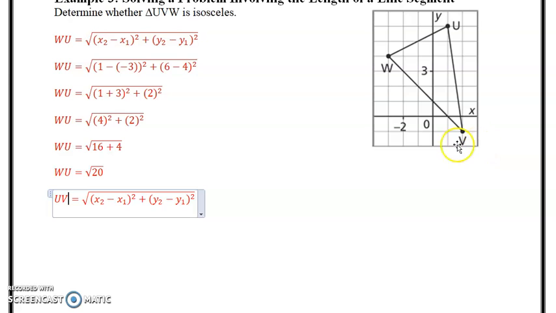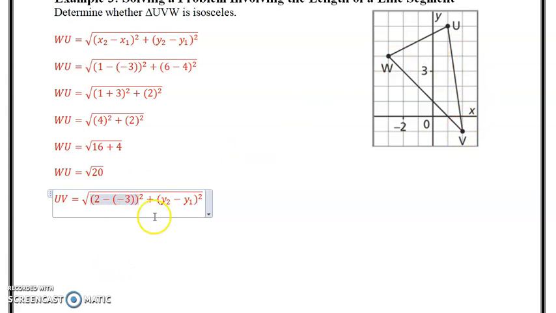So we'll do UV this time. Like I said, I use the point farthest to the right as my x2, y2. It doesn't make a difference, but then it's consistent. So the x on the V would be 2 minus a negative 3.